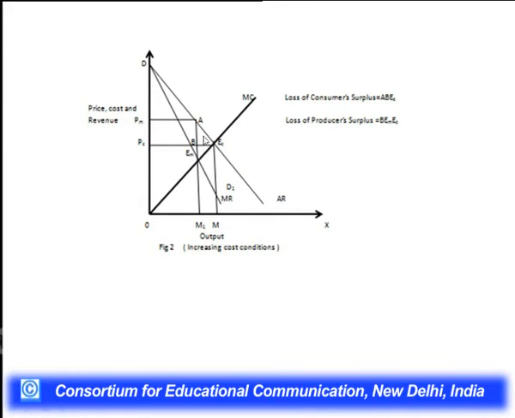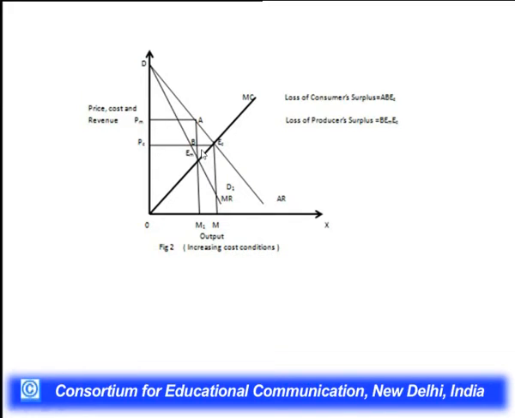So, this is the deadweight loss due to the monopoly, and there is a fall in producer surplus also. When there is perfect competition, producer surplus is OPCEC, but now under monopoly this producer surplus declines by EMECB.